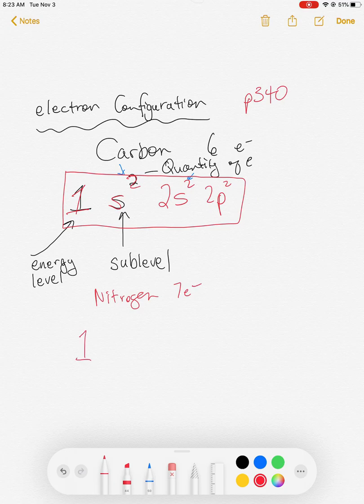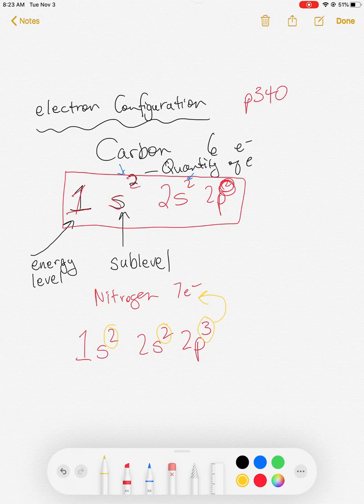Of course, we're going to start out with the same designation, 1s2, 2s2, because they fill in the same order. But this time, 2p doesn't have 2 electrons, it's going to have 3. As you can see, these superscripts add up to how many electrons.